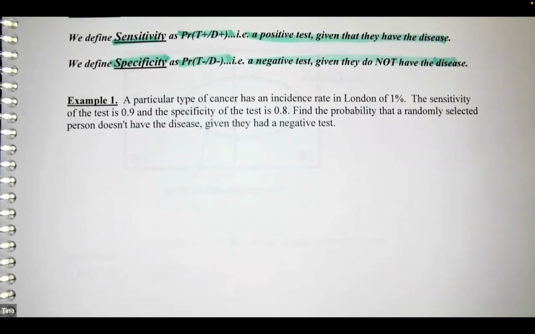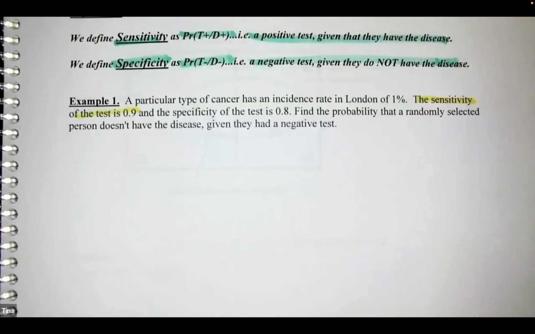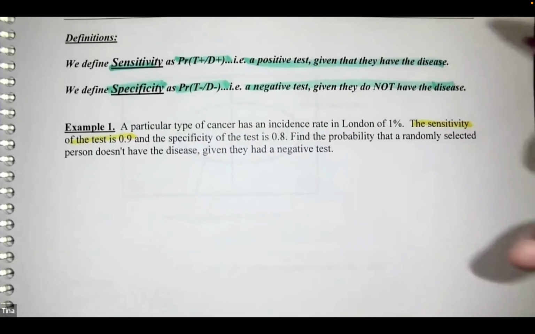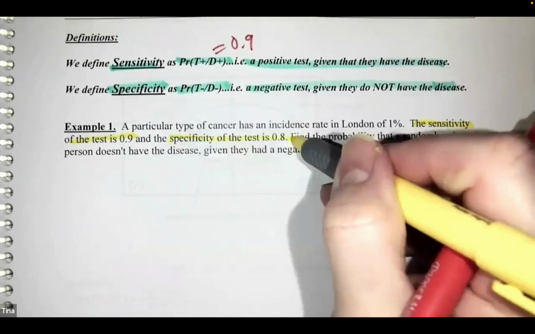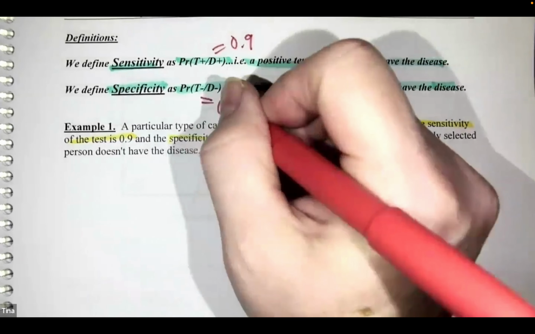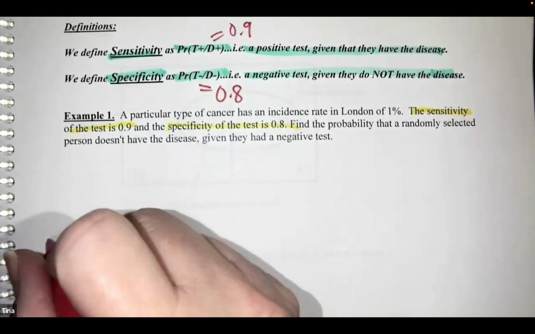A particular type of cancer has an incidence rate in London of 1%. The sensitivity of the test is 0.9, and the specificity here is 0.8. If we want to draw a tree, a lot of people are visual, so it helps them.